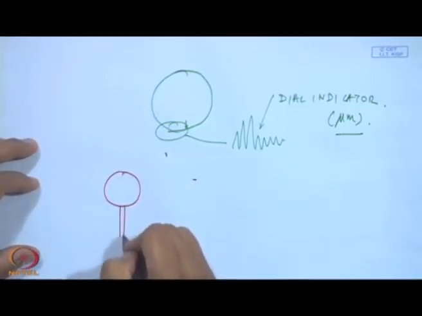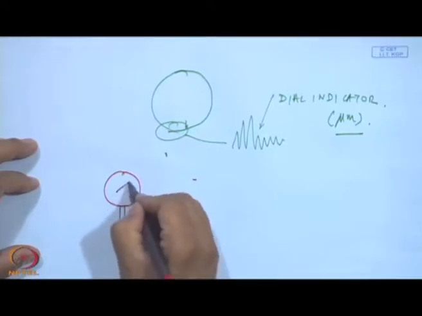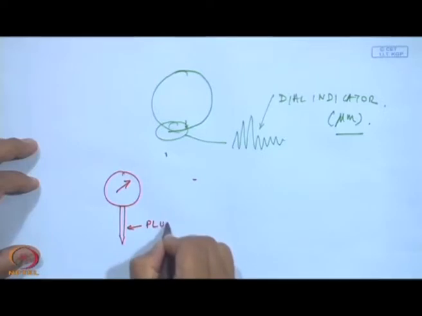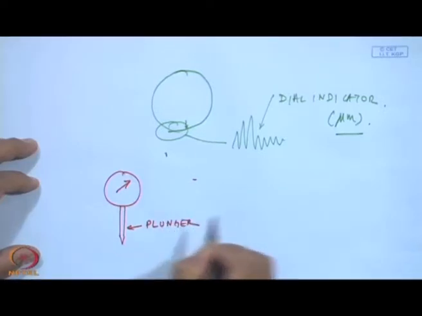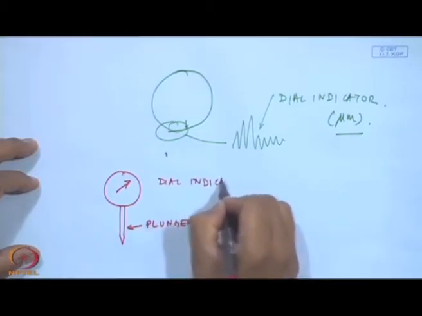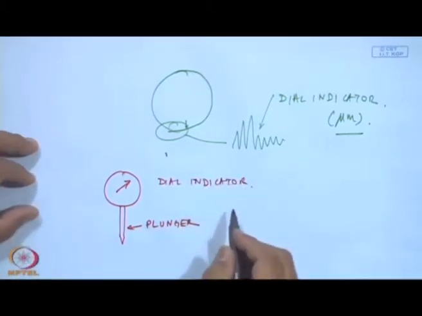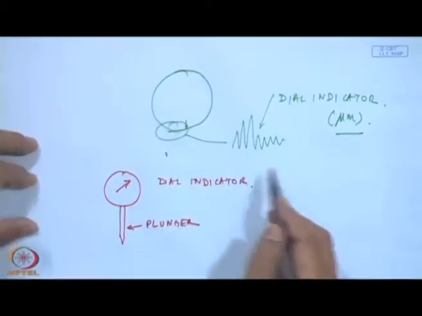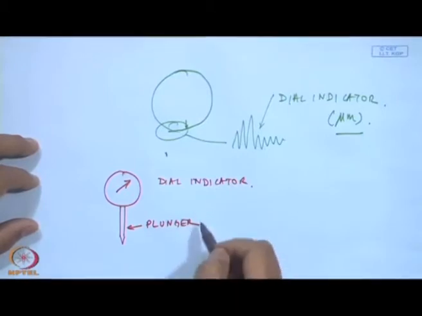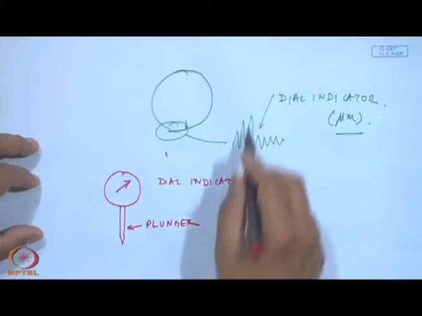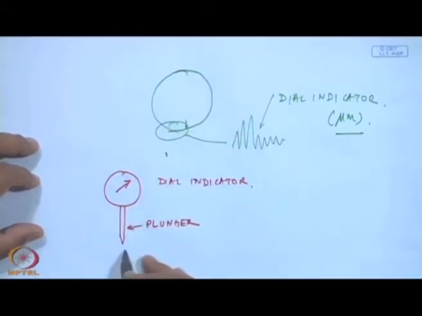A dial indicator looks something like this. This is spring loaded. This is the plunger. So, as you will intuitively see that if the motion is very slow, almost close to static, I can use a dial indicator to see the displacements. But imagine if the bearing or the rotating shaft was moving at a very high speed.